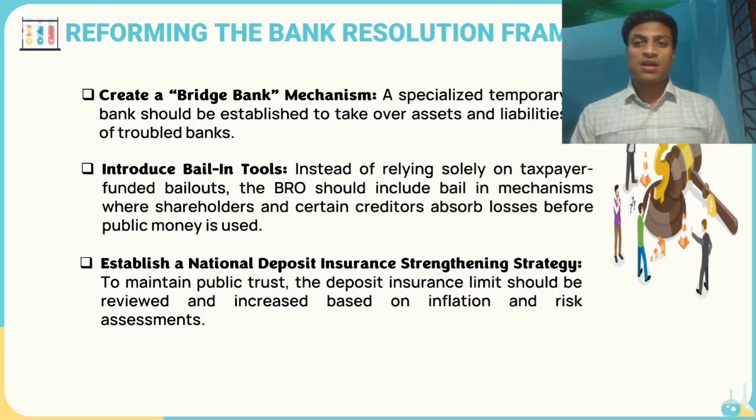A specialized temporary bank should be established to take over assets and liabilities of troubled banks. Introduce bail-in tools instead of relying solely on taxpayer-funded bailouts. The framework should include a bail-in mechanism where shareholders and certain creditors absorb losses before public money is used.